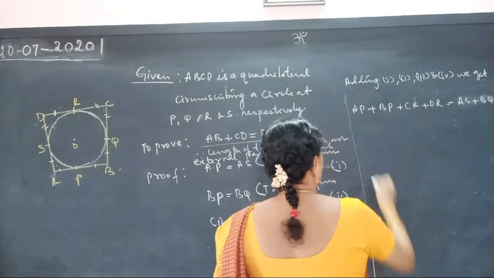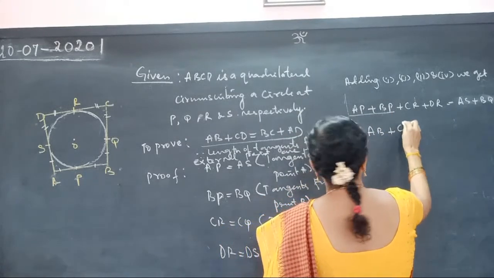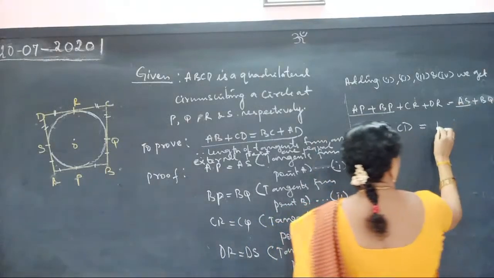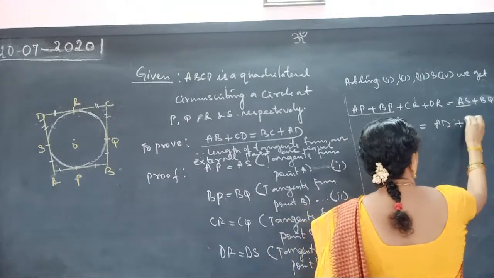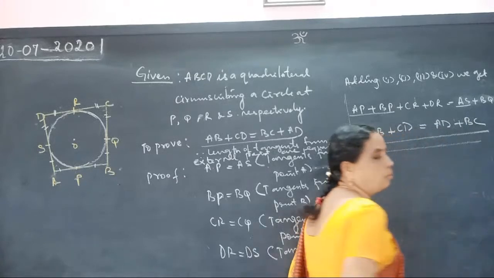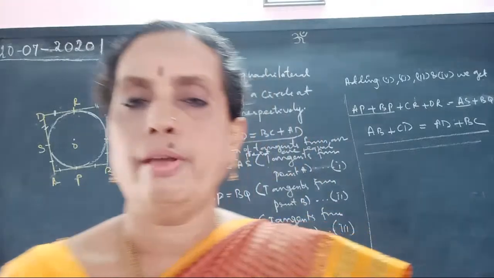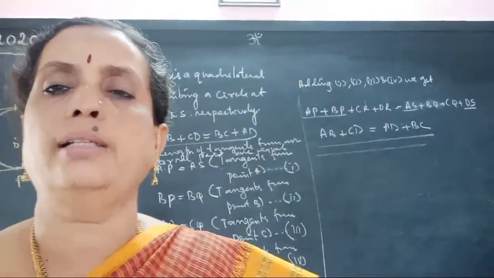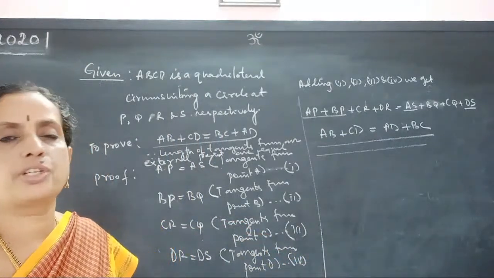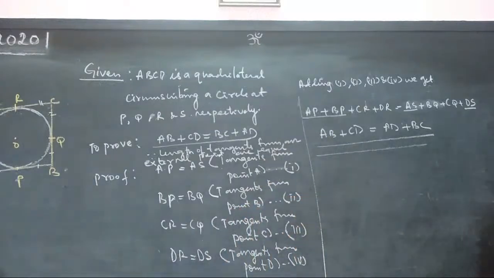Now AP plus BP is AB, CR plus DR is CD, equals AS plus DS which is AD, and BQ plus CQ which is BC. This is how we prove that when a quadrilateral circumscribes a circle, the sum of the opposite sides are equal in measure. Check the answer, verify from the board.